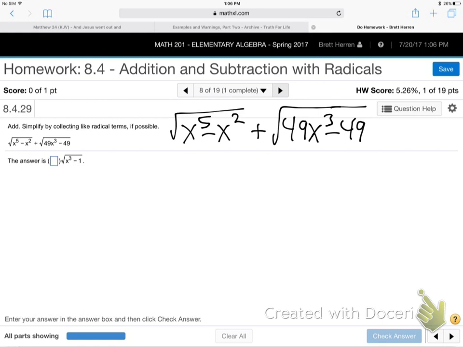So those need to be factored. Whenever they have pluses and minuses like that inside the roots, you've got to factor them. Everybody seeing that? Pluses and minuses inside the roots you must factor. So factor them in there.